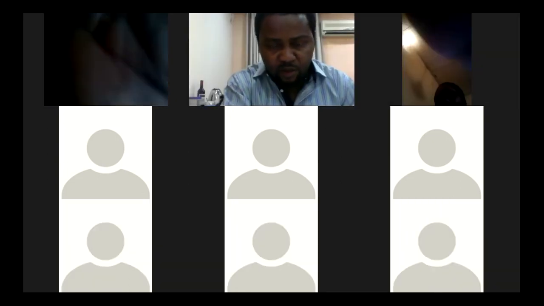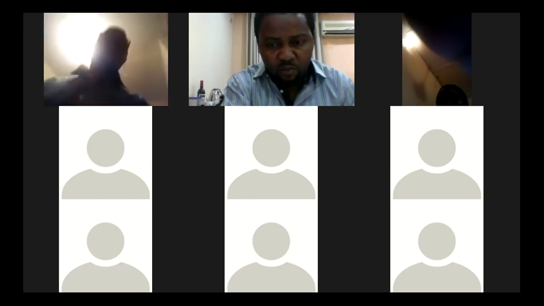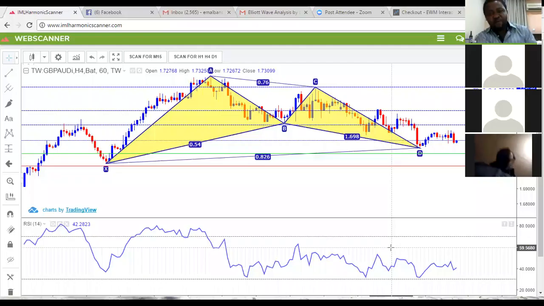Okay, let me show you my screen. We also have this harmonic pattern scanner. Let's see what the app said. The app came 5 hours ago saying, currently analyzing New Zealand USD, approaching major resistance with harmonic pattern at H4. Entry 2 will be at 0.7085.